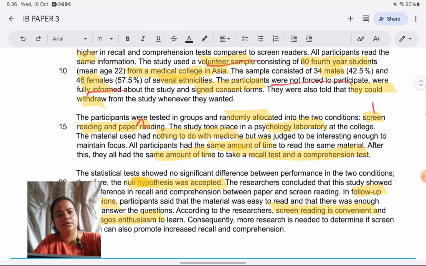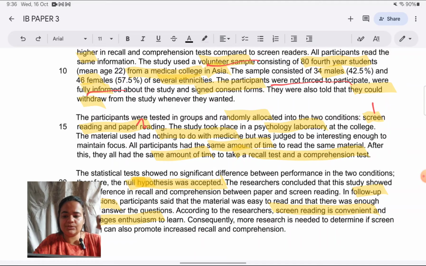They were all fourth year medical students from the same college in Asia. So then I would like to take that as a feature. Undoubtedly there are many general features that I can take possible for any research method or sampling method. I just feel that the one which is very obvious to be contextualized, very prominently there in the passage, just becomes easier to write about.